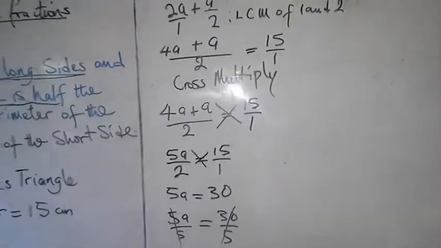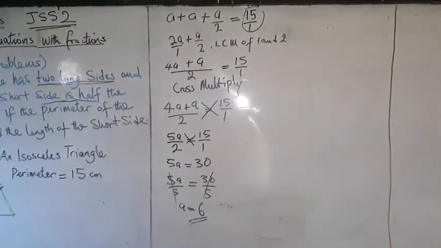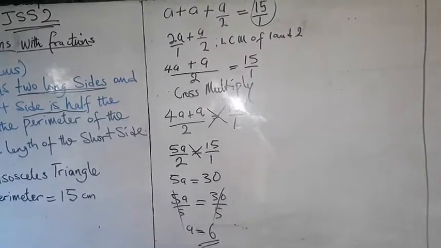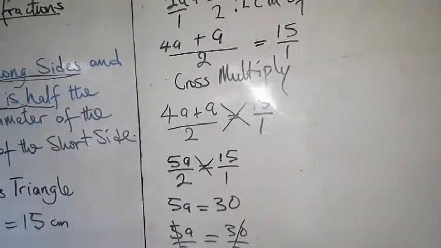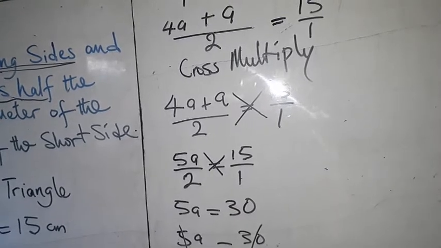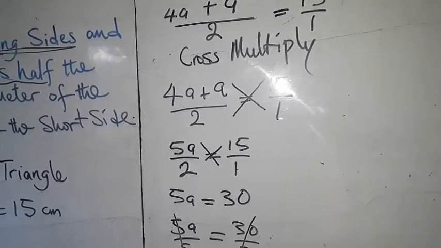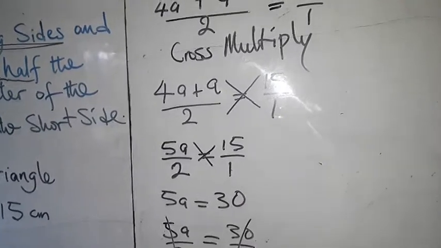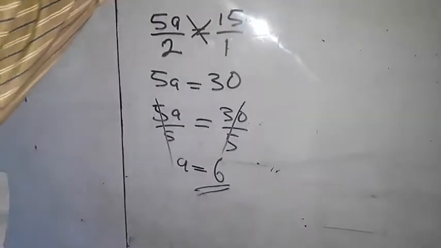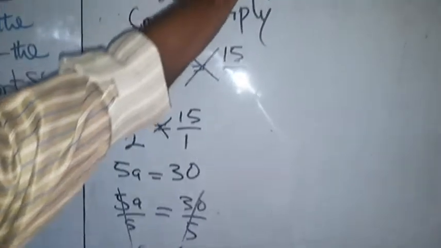So if that's the value for the long side, you can conveniently use it to know the other side. You understand what we are saying? So if you put 6 in this equation, it has to give you this.